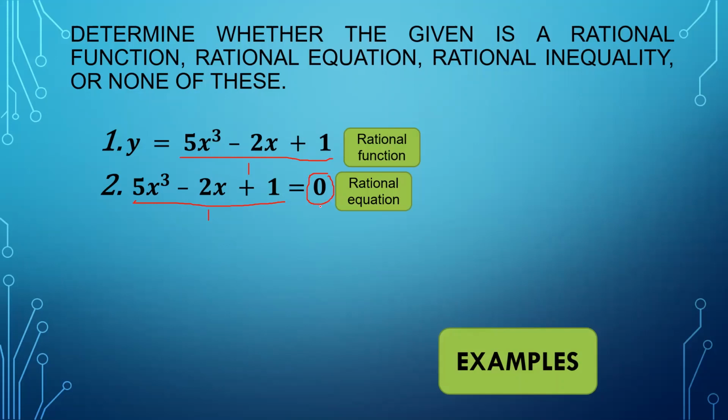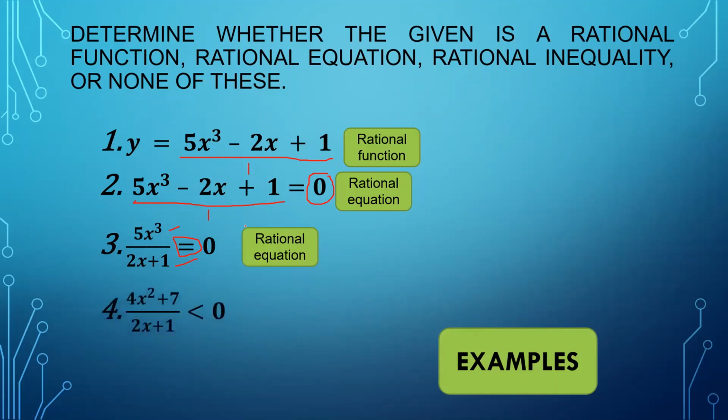So therefore, this is a rational equation. Next, we have 5x cubed all over 2x plus 1 is equal to 0. Since this is separated by an equal sign, and the denominator 2x plus 1 and the numerator are polynomials, therefore this is a rational equation.